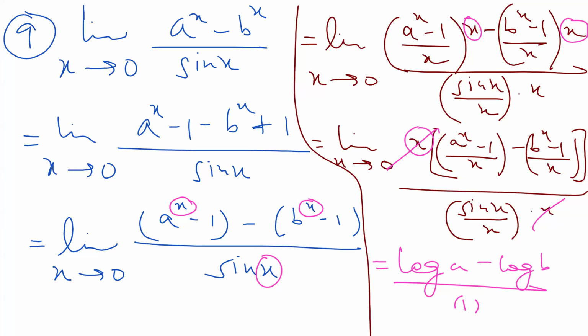Log a minus log b upon 1. So we cancelled out and then we applied the formula. Yesterday itself we discussed what is log a minus log b. Log a upon b.